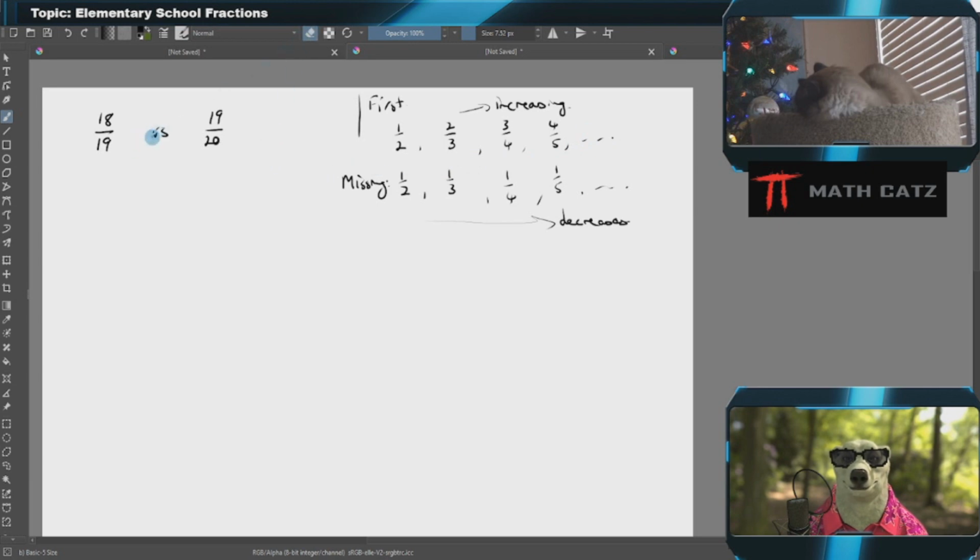Based on that reasoning, I can extend this to any two. Here, 20 is the larger of the denominators, so 19/20 is greater than 18/19, based on this reasoning that I can extend from the easier, more familiar fractions.